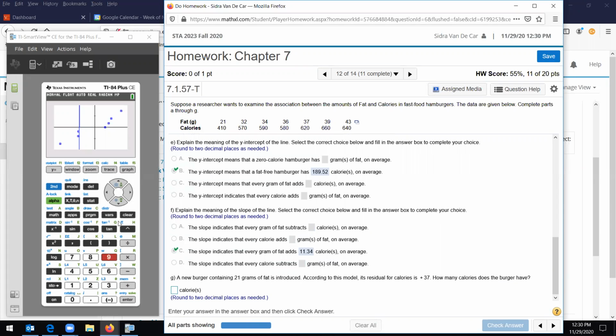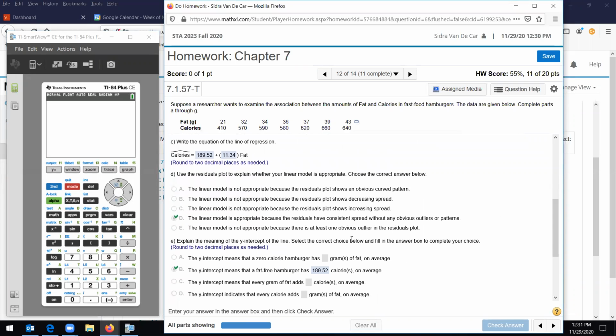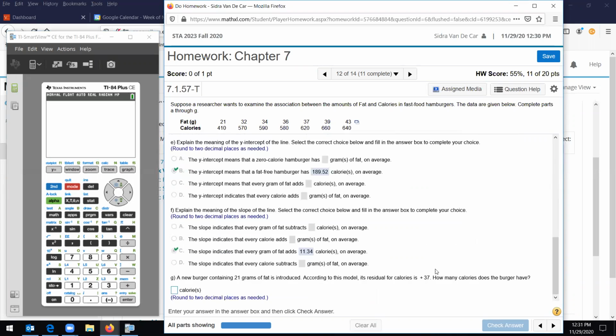A new burger containing 21 grams of fat is introduced. Okay, so let's quit on here. And my equation is 189.52. Oh, I have it stored in Y1. Okay, so find out y1 of 21.